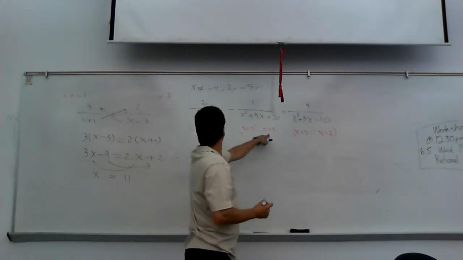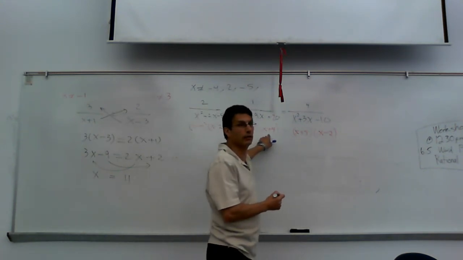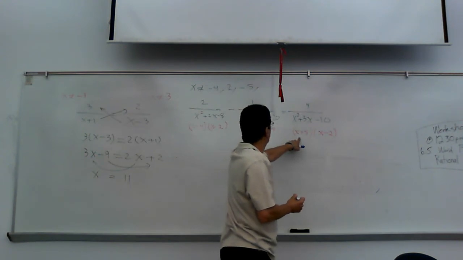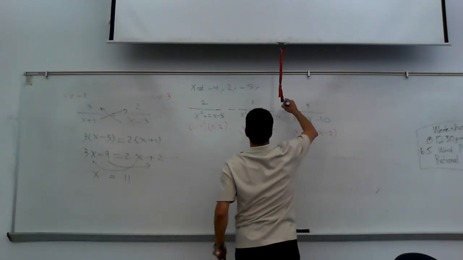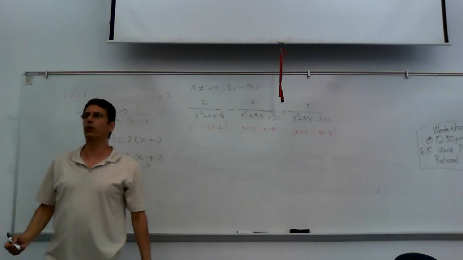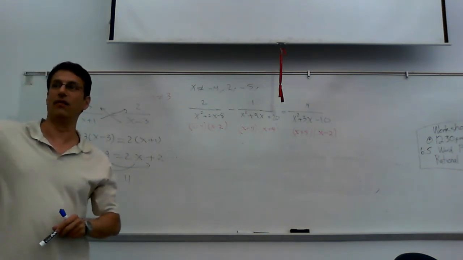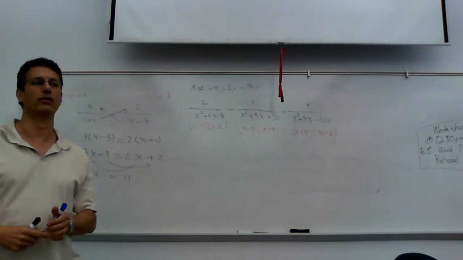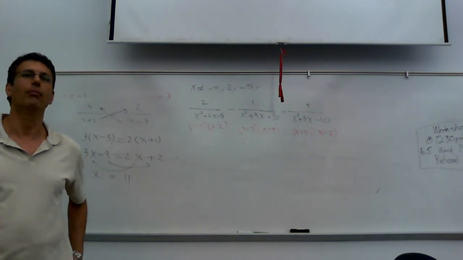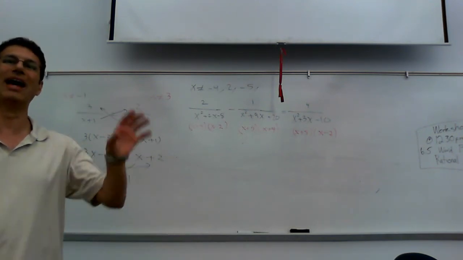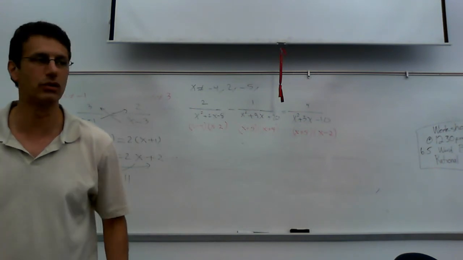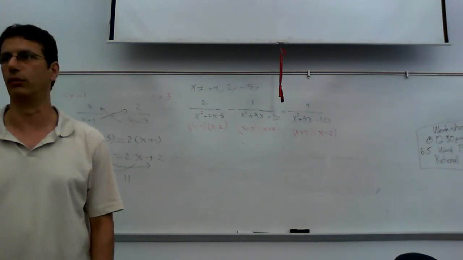We wrote that or no? We already wrote it, right? How about this guy? We have it. How about this guy? We have it. Do you see that? So we know whenever we're done, numbers negative 4, 2, and negative 5 are unacceptable, right? By any chance we end up with any of them, that would be an extraneous solution and unacceptable.